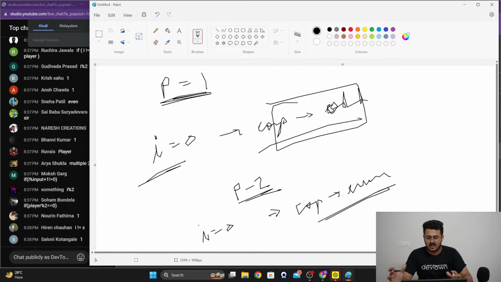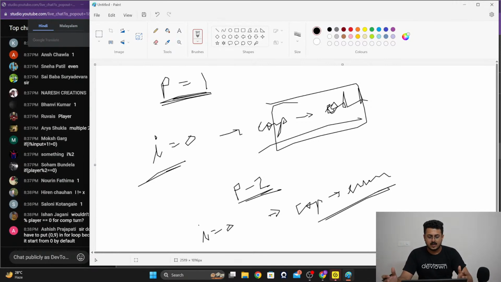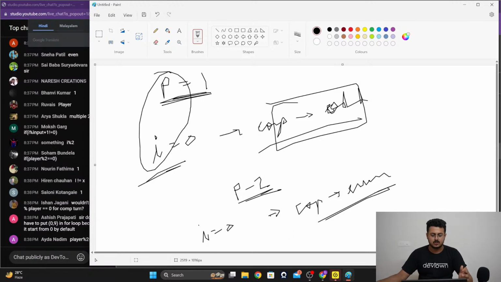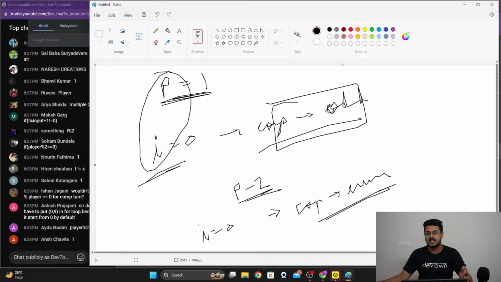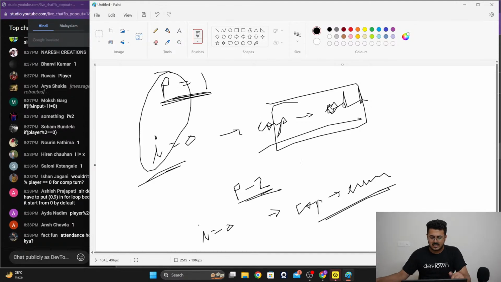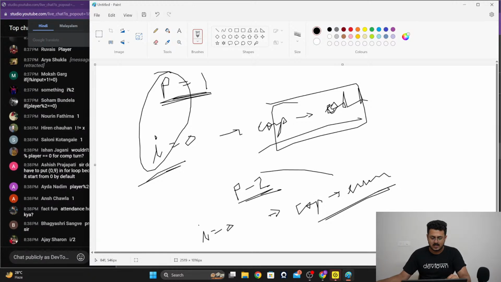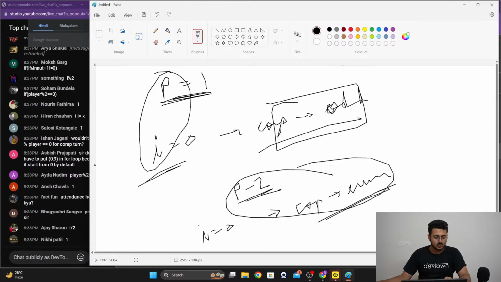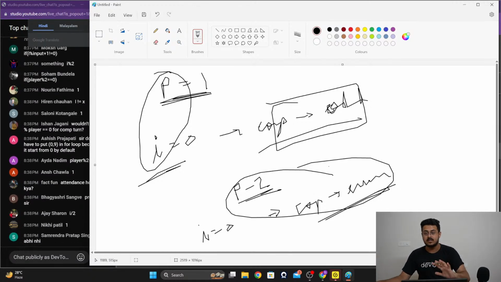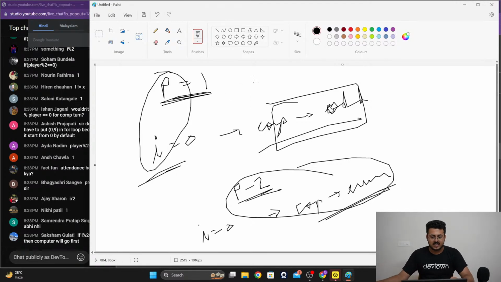So can we figure out a particular method in which a relationship between I and P can be created in such a way that it is computer's turn? So we are able to see that computer is always going to take up his particular turn when the value of P is equals to 2, right? That is when he is even. So is this particular formula enough?